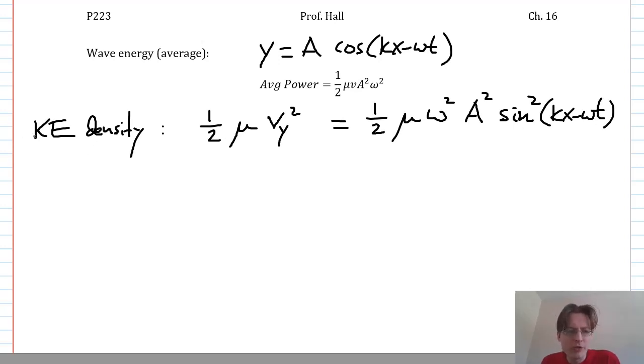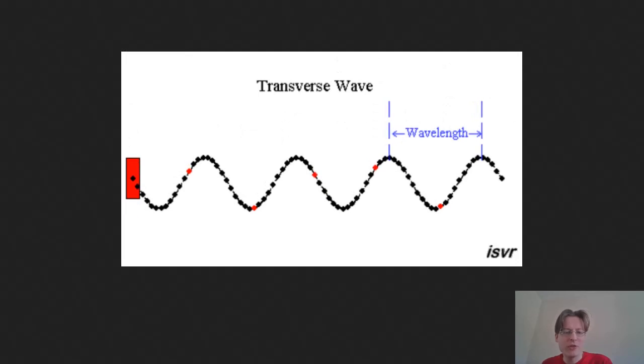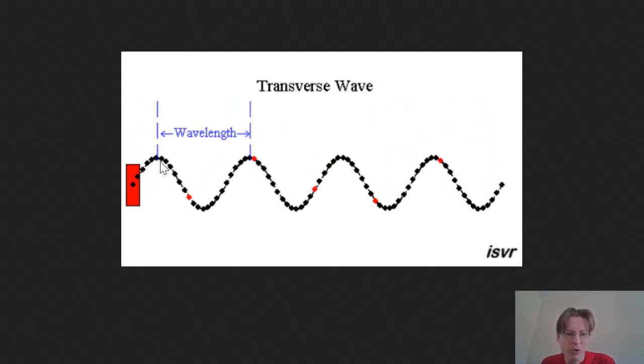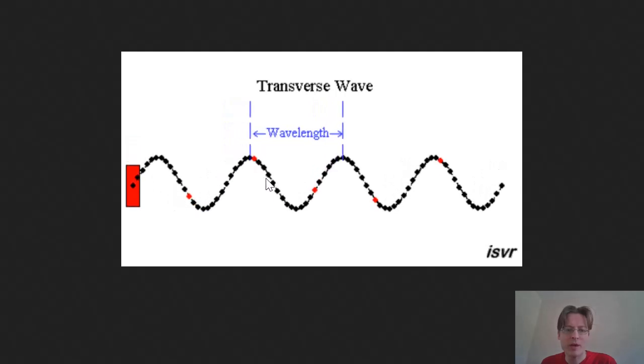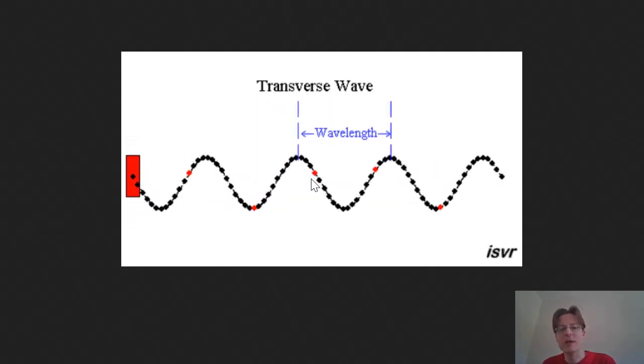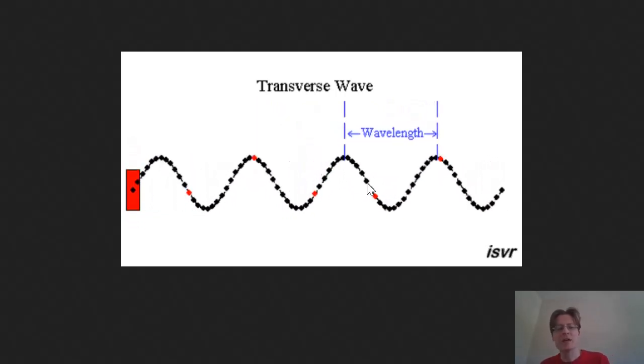So that's pretty cool. That shows us that there's a wave of kinetic energy that travels down the string. It is a wave. It's of the form of a wave. It's sine squared instead of sine. But look at the animation. We can see that. Look how there's a place where the string is moving quickly up and down, and that travels to the right, and that's the kinetic energy wave that's traveling along.